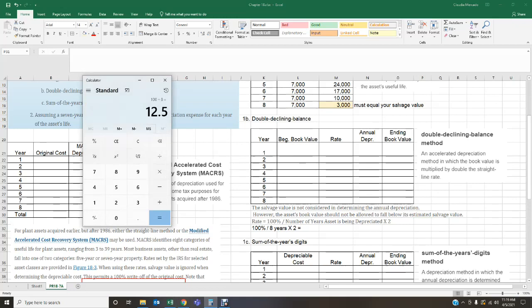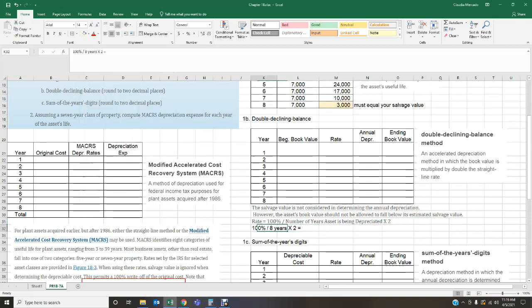And then I'm going to double it. It's a double declining, so I'm going to multiply it by 2 so I can double it. And that gives me 25%. Okay, so my rate is 25%. That's going to be my rate every year. Okay, I'm going to copy that down.